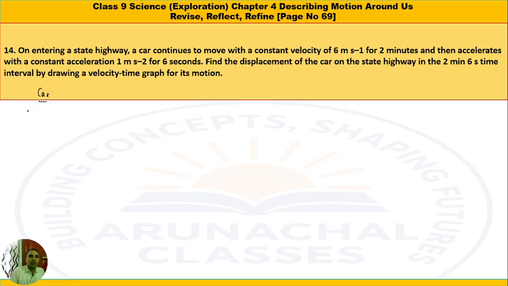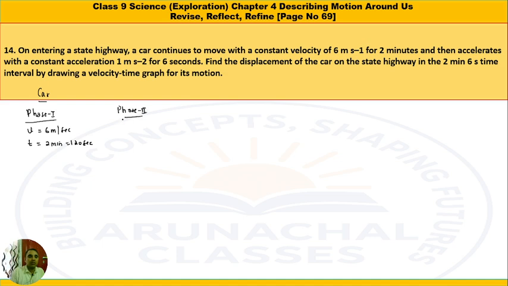Let us see, at initial stage we consider as phase 1. In phase 1 condition, the car velocity is 6 meter per second and it remained for 2 minutes. 2 minutes means 120 second. Then it accelerates. So this is your phase 2.